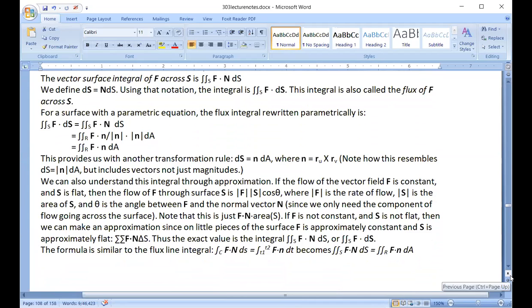Let me also mention, we won't go through it in great detail, that this double integral can also be constructed through approximation. I will just mention that here and you can consider it for yourself.